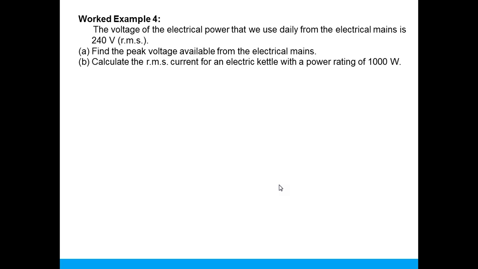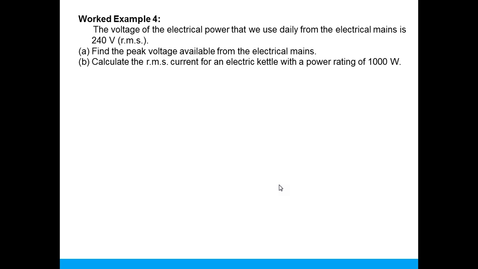So let's look at worked example number 4. The voltage of the electrical power that we use daily for electrical means is 240 volts. We all know this, but do you know that the value given is actually a root mean square voltage? Now you know.